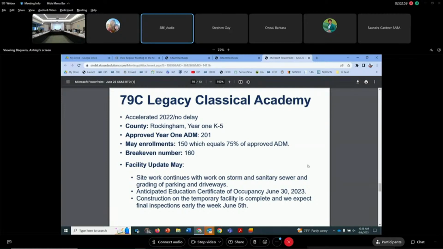Their contingency is an alternative location that has already had an identified ECO if necessary. Mr. Purnell and their head of school, Renee Clifford, are here to join us with any questions that you may have.